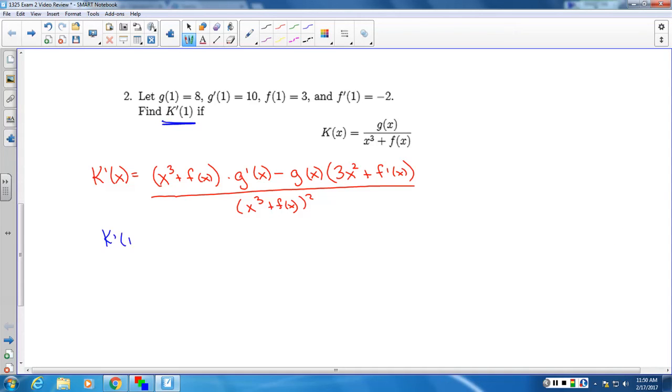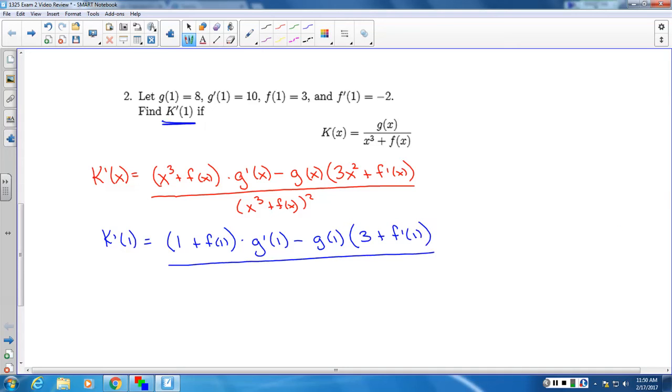So everywhere there's an x, I'm going to put in a 1. So the first term, 1 cubed, is just 1 plus f of 1 times g prime of 1 minus g of 1 times 3 times 1 squared is just 3 plus f prime of 1 over 1 cubed is just 1 plus f of 1 squared.